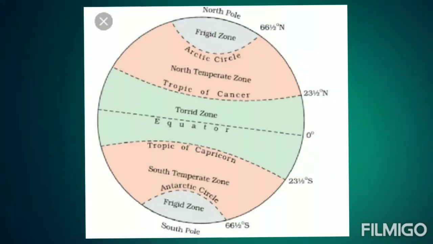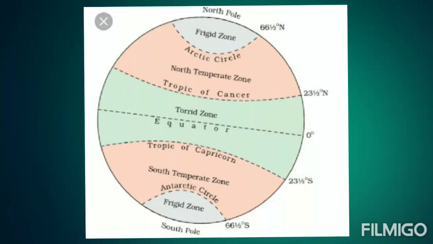let's discuss the heat zones of the earth. Okay, so as we have seen, the parallels or the latitudes help us to divide the earth into three heat zones. The places and cities that lie in different heat zones have different types of climates. Why is it so? Because different heat zones receive different amounts of sunlight.